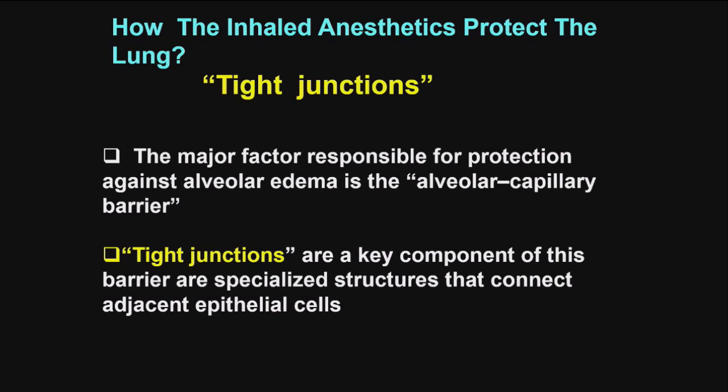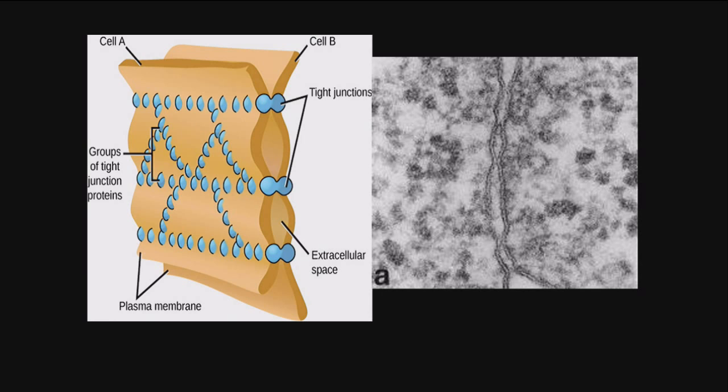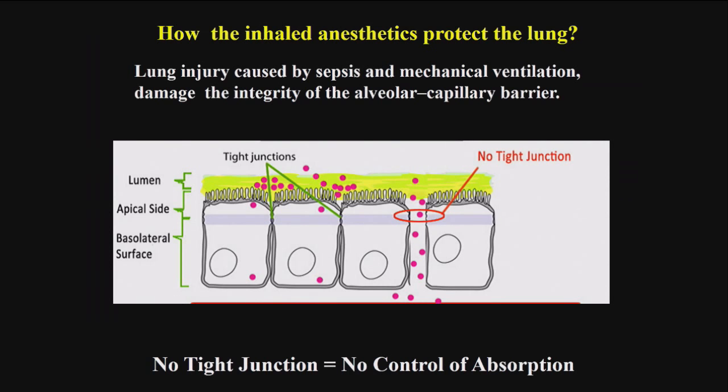A tight junction is a protein that maintains the two cells together right here. You can see that. You can see the electron microscope right here. If you lose this protein, you have a leak. And you have a leak of substances, inflammatory factors, into the lumen of the alveoli.